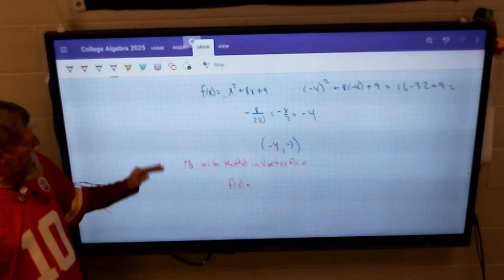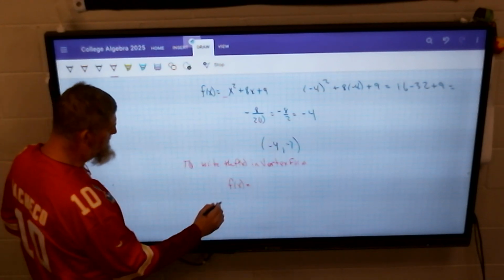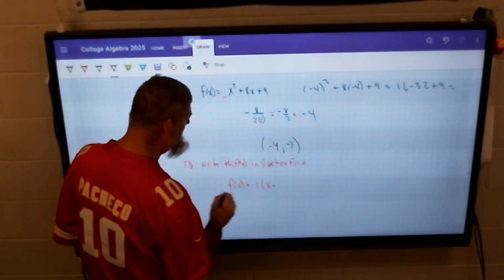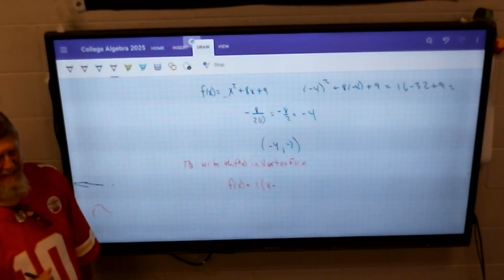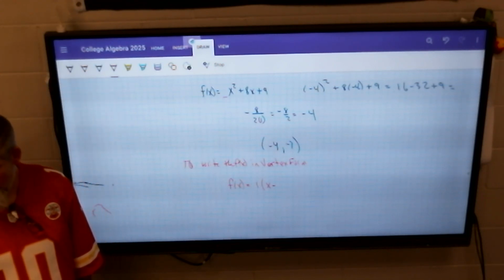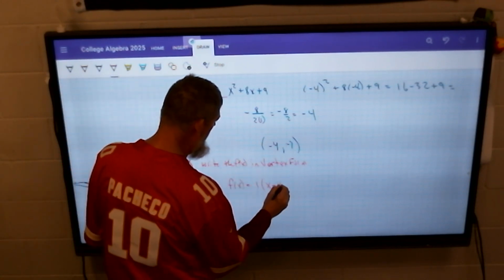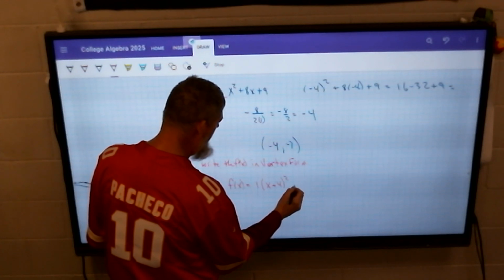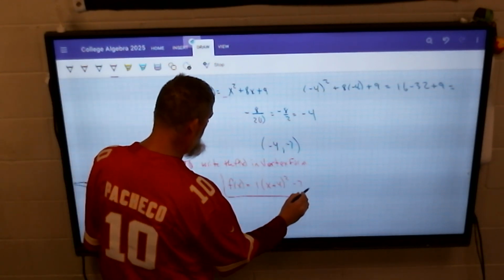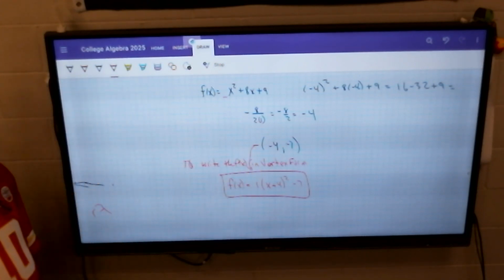So a will be the same through every different form of the equation. So it's just going to be 1, if you want to put it there, times x minus what? It'd be x plus 4 because it's x minus the negative. So x plus 4 squared, and then minus 7. And now we've just translated it. Once we found the vertex, we just translated it into vertex form.